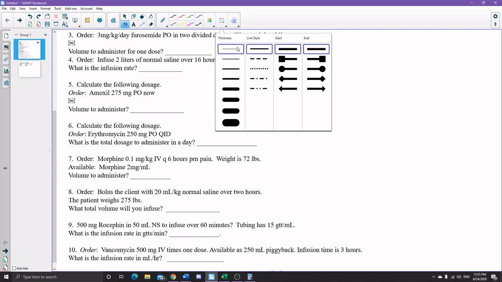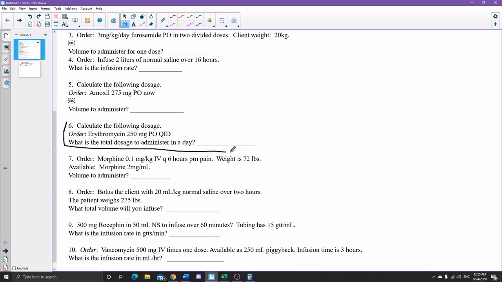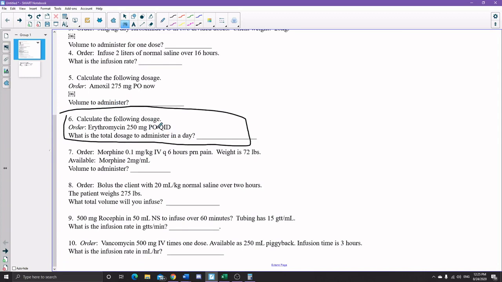Make sure we're in the correct thickness. Okay, so now we're going to do number 6. Calculate the following dosage. We have erythromycin, 250 mg PO, QID. What does QID mean?